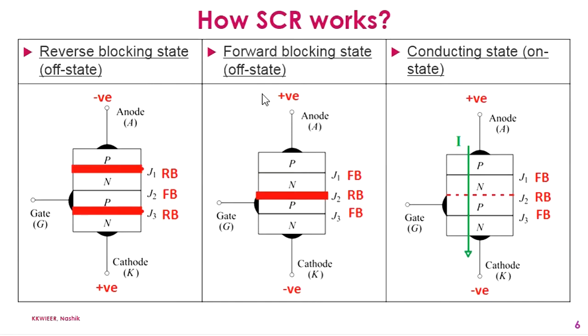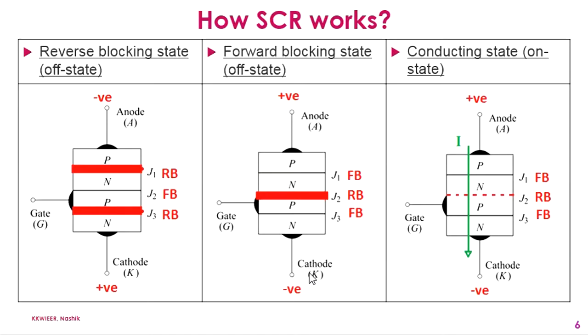Instead of these polarities, if we reverse them, if we connect the positive terminal of the battery to the anode and the negative terminal to the cathode, then the middle junction, J2, will become reverse biased while J1 and J3 will become forward biased. Again, due to junction J2, a depletion layer will form which will not allow current to pass through the circuit.